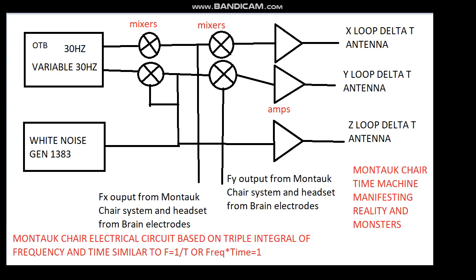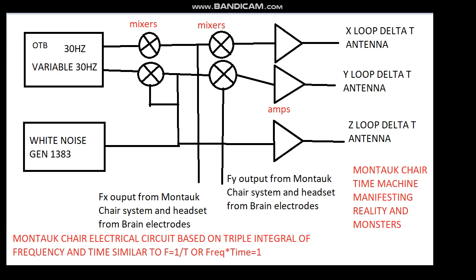And that's how this chair works, basically, apart from this chair is actually built on the triple integration and the other mathematical equations. So essentially what you've got is the stable reference 30 Hertz and a variable reference, time reference of 30 Hertz to 90 Hertz, and they go into mixers.